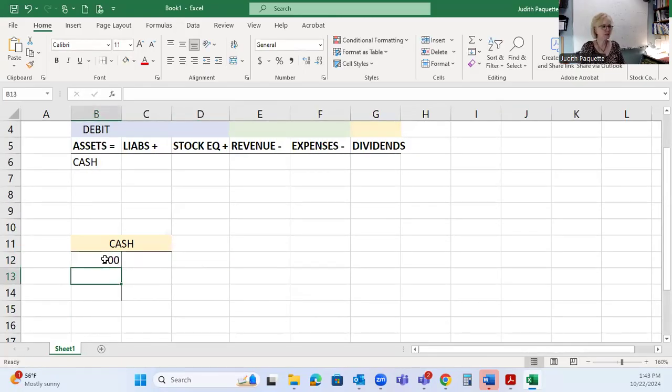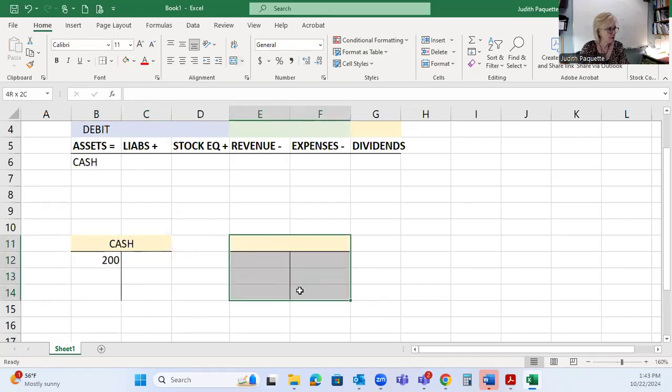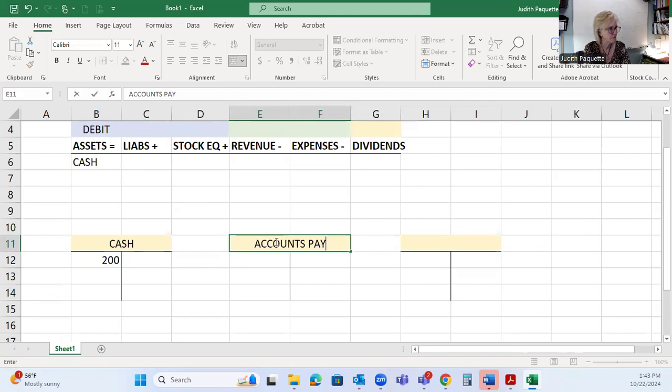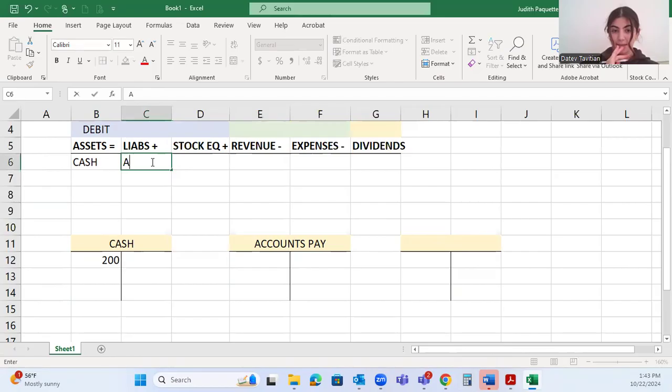So debit is just another word for left. Let's make a couple more T accounts, for accounts payable. Where would accounts payable go in this list? What kind of account is it? It's a liability, and you would debit accounts payable and then credit cash.